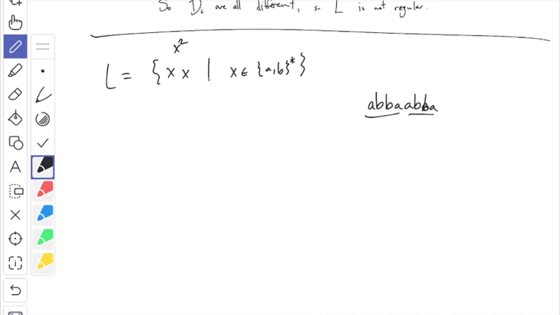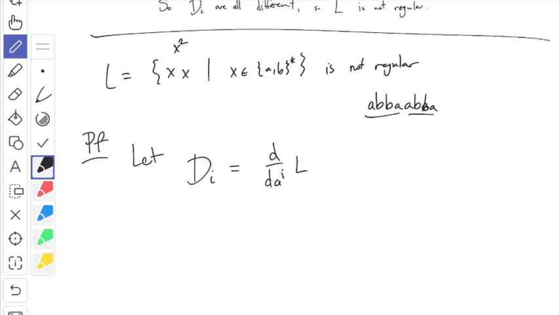We can do a very similar thing with the derivatives as we did in the previous example. So I'm going to consider, so I'll just write out, this is not regular. And my proof of this involves doing derivatives. And I'm going to do dA every time. Big DI equals dA to the I of L. This is going to go very much like the previous example did.